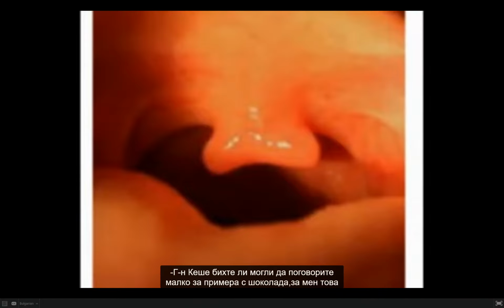Mr. Kesh, could you talk a little bit with the example of chocolate? When most people like chocolate and eat it, you have a taste on the tongue, but there's more of a feeling that occurs in the back of the mouth, which I'm assuming is associated with the uvula.